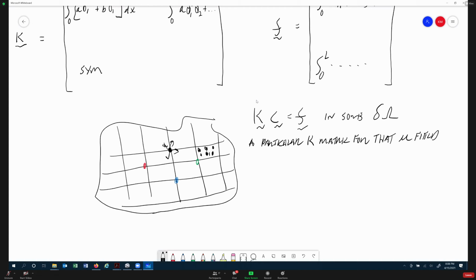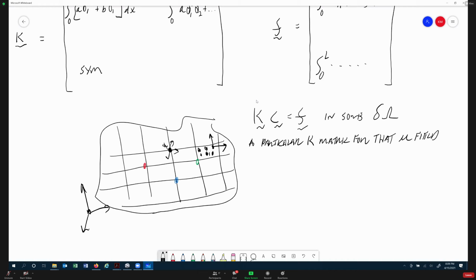Do you remember? You're calculating all of this in a local coordinate system. We still have to map back to our global coordinate system.